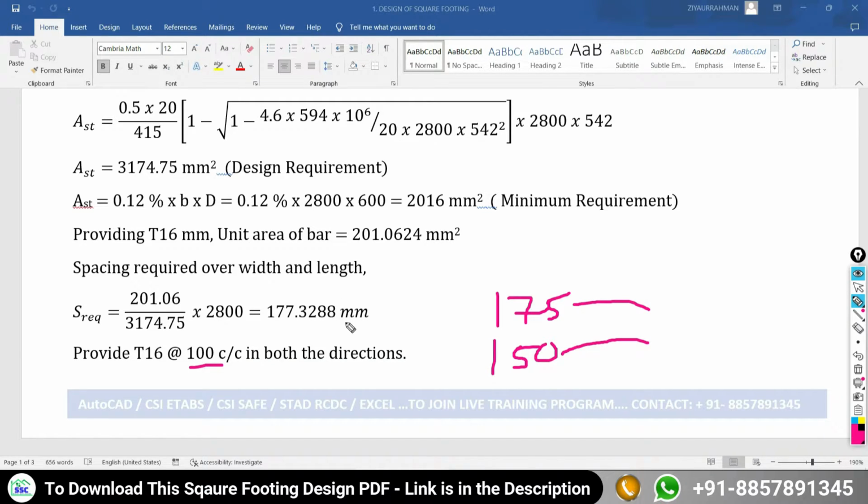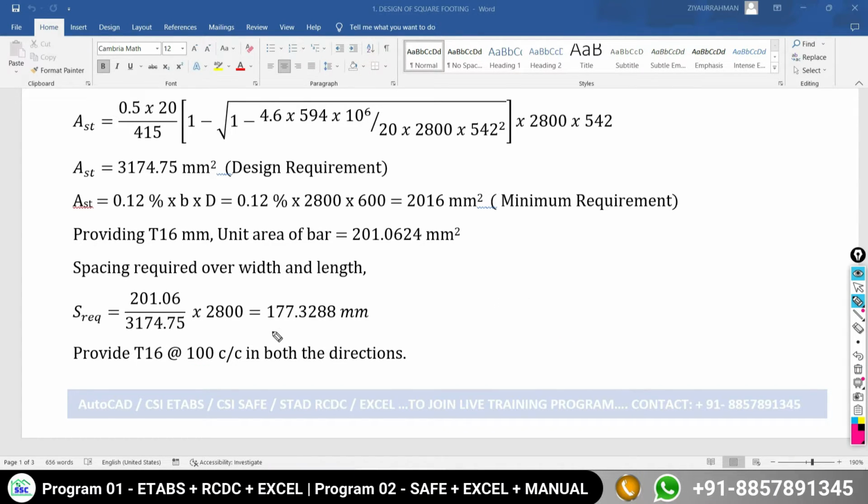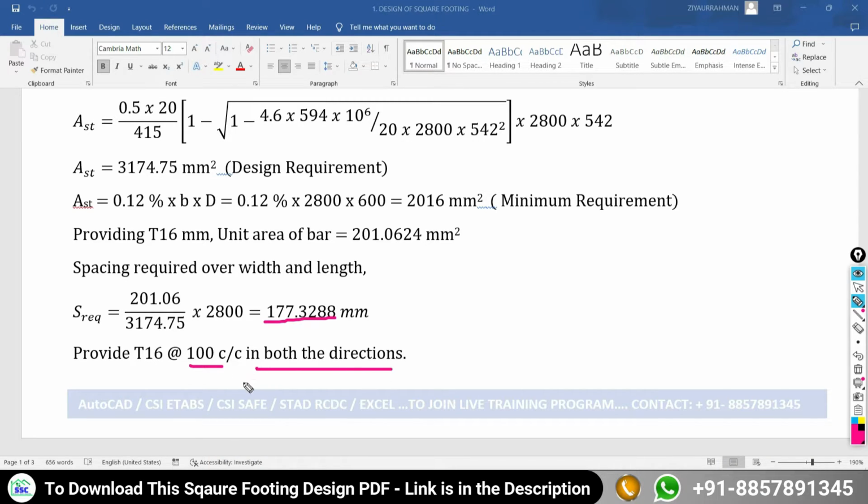So for the one-way shear check, your percentage of reinforcement should be slightly more. That's why I am trying to keep more area of reinforcement present. For that, I am going to reduce the spacing to 100 mm. So a 10 mm diameter bar at a spacing of 100 mm center to center in both of the directions. Okay.